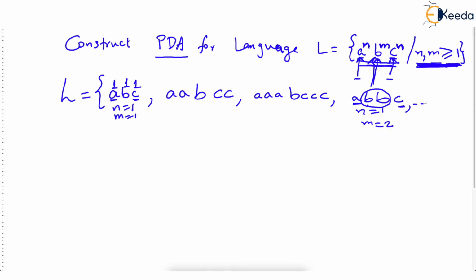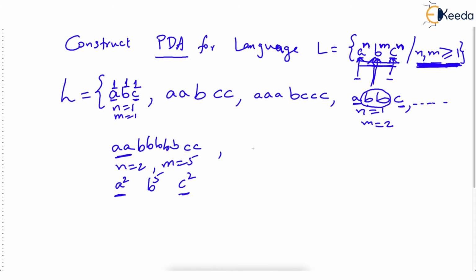Infinite strings like this we can have. For example, we may have a string with 2 A's and 2 C's and there might be 5 B's in between. So here n is 2, so this is a^2 and c^2. The number of A's and C's is matching and m over here is 5, b^5. Or we might have 2 A's, 2 B's, 2 C's. This is perfectly valid. n is 2 and m is also 2.